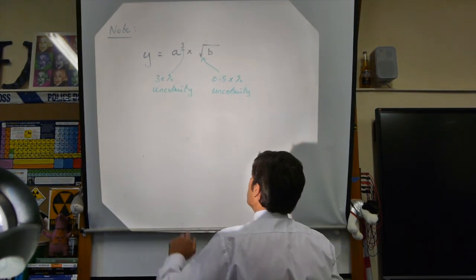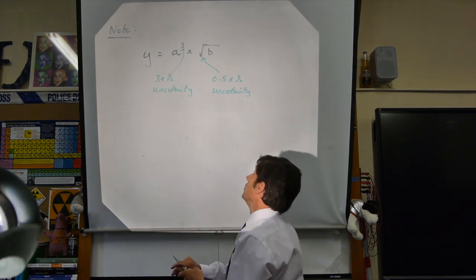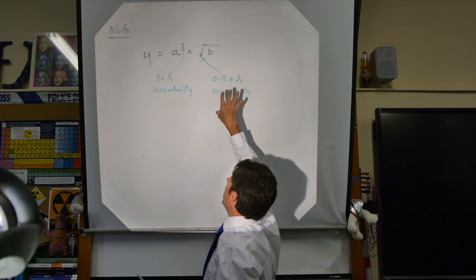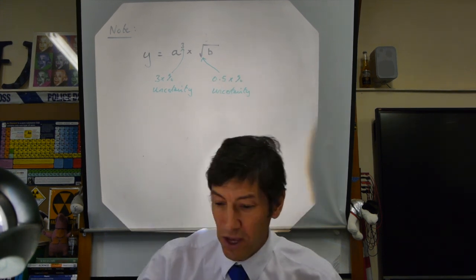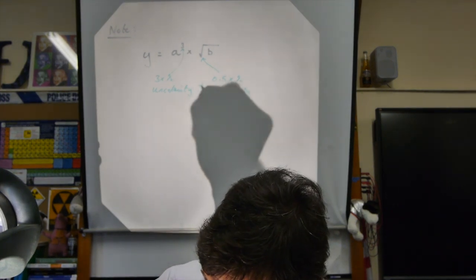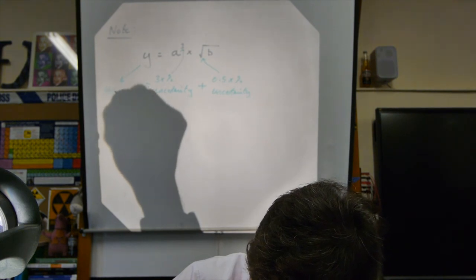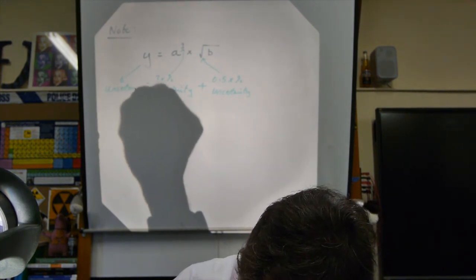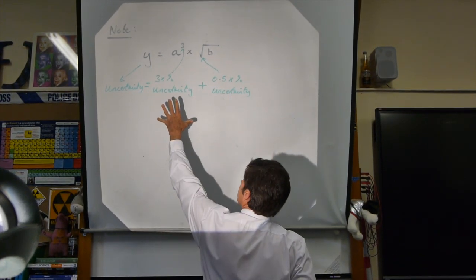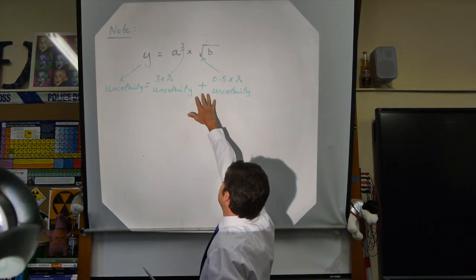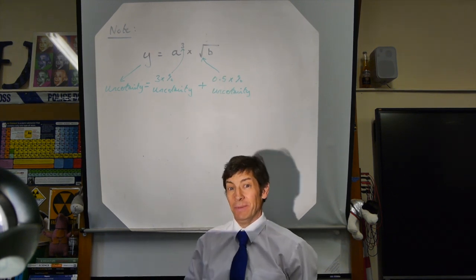And so now we've got the uncertainty in A 3 times over because it's A cubed. We've got the uncertainty in B halved because it's B to the power a half. And so if we want the uncertainty in Y, it will just be 3 times the uncertainty in A added to half the percentage uncertainty in B.